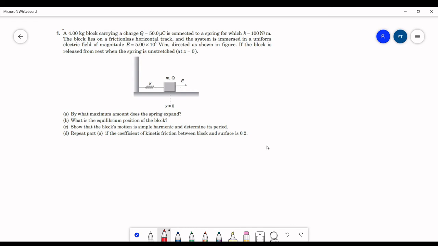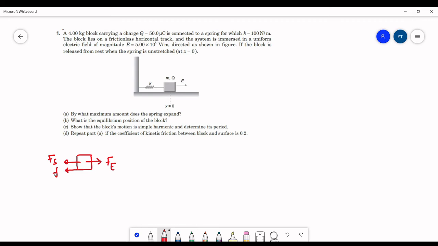So in the D part, it is given that we have to repeat part A if the coefficient of friction between the block and the surface is 0.2. As we have seen in part A, in the horizontal direction there is an electrical force acting and a spring force acting. Along with this, we will also have frictional force here.